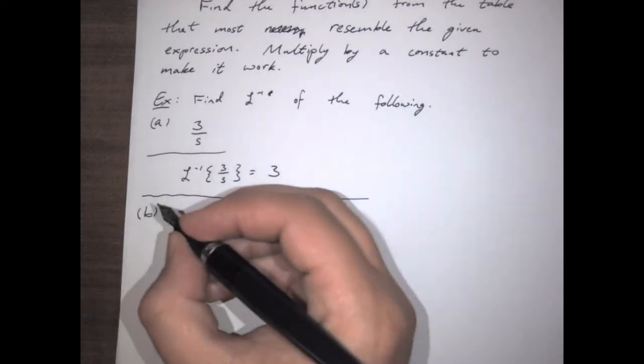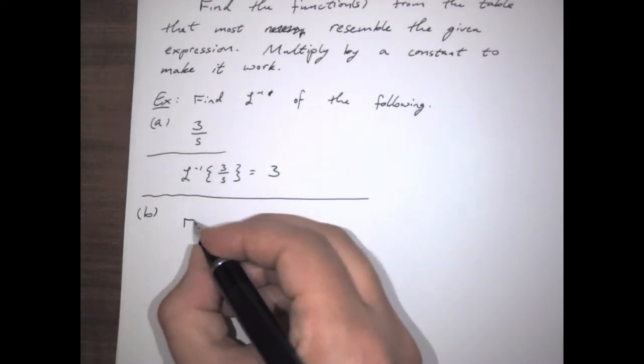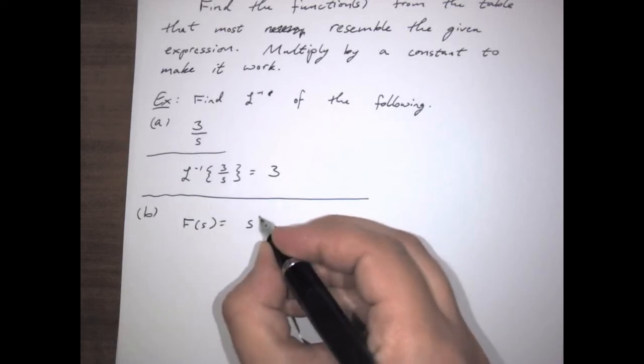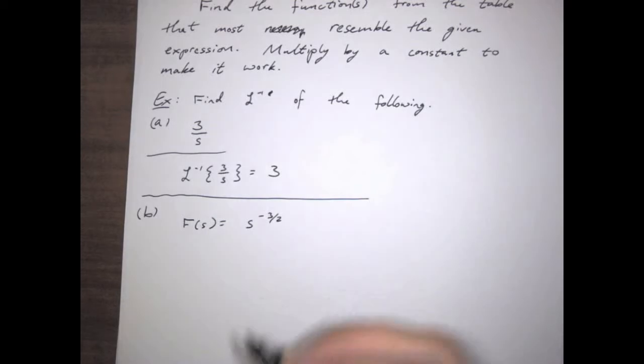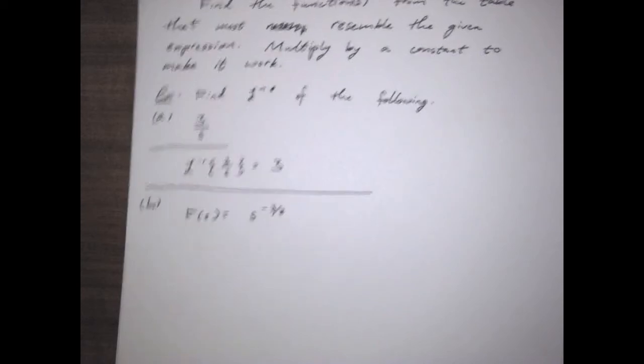Now let's up the ante rather significantly. Let's take F of s equals s to the negative 3 halves. Now, as written, this is not in a very convenient format for anything on our table.